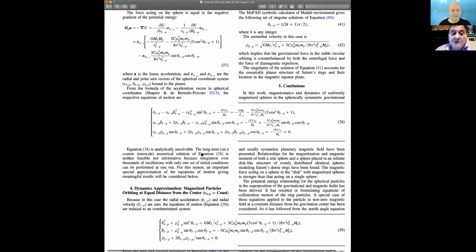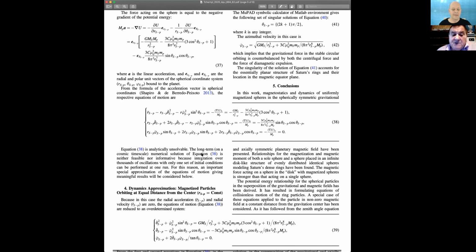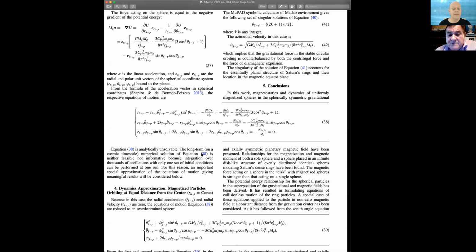In paragraph number 4, we considered the dynamic approximation of magnetized particles orbiting at equal distance from the center. In this case, radial acceleration and radial velocity are zero. The equations of motion 38 are reduced to an over-determined system.